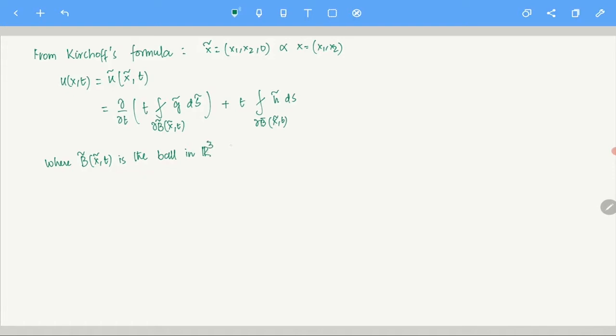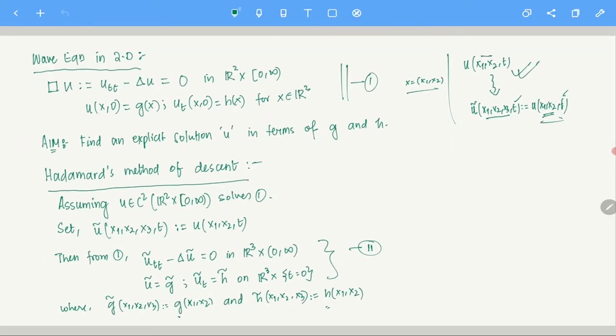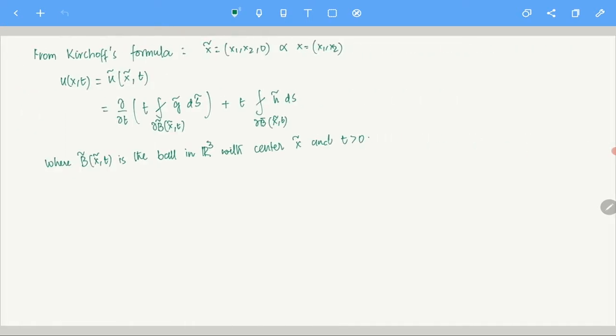Ball in R3 with center x tilde and radius t positive. Clear? I think this is very clear to you. This is from Kirchhoff's formula, right? g tilde, h tilde appear because u restricted at t equals 0 is g tilde and h tilde. So I am just writing it down, plain and simple.